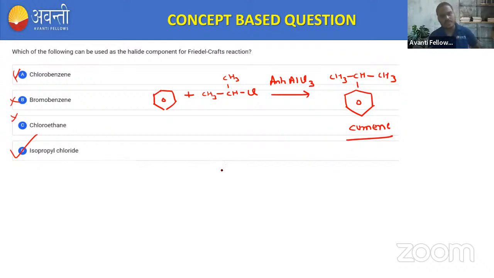In chloroethane also we have CH3, CH2, and Cl. So in this also, due to the presence of the lone pair of electrons, they have a strong tendency to delocalize with the pi bonds and attain double bond character. That's why we are using isopropyl chloride. So isopropyl chloride is the better one, or we can say it is used as a halide component for the Friedel-Crafts reaction. Okay, everyone.